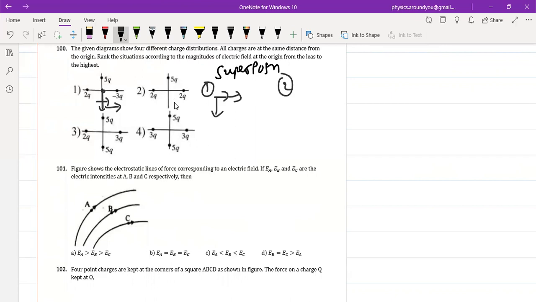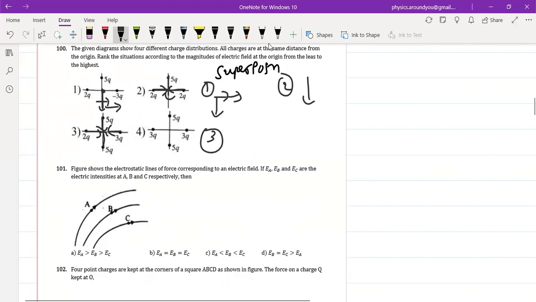Second one, how do the arrows look in the second one? Both arrows cancel. The only arrow is pointing down. Third one, in the third one, the vertical arrows cancel, and horizontal arrows are also facing each other, opposite. The 3q is dominant, 2q is not, because the distances are equal.